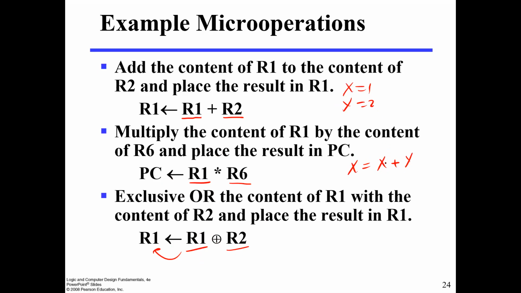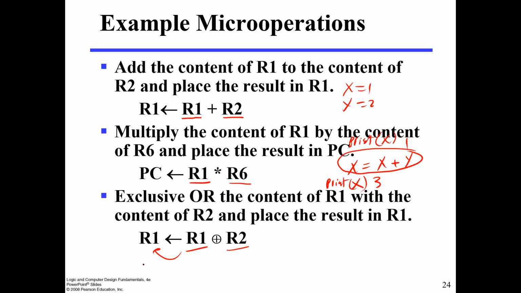After this operation, if I use x again, for example print x, if I print x after this operation it's going to be 3. If I print x here that's going to be 1. Same thing here. This will take the previous value of R1, or whatever was stored in R1, XOR it with R2, and then save it to R1 again.